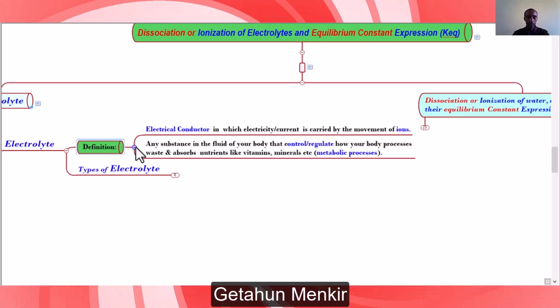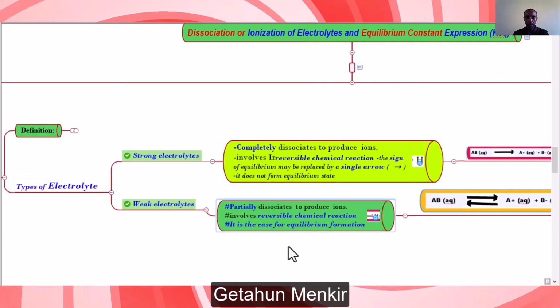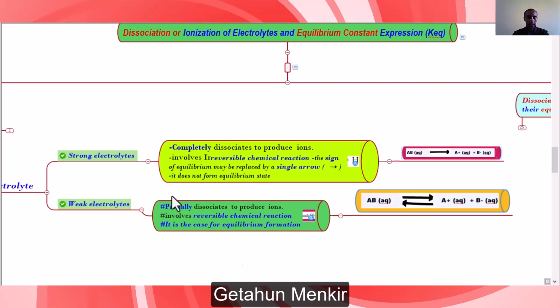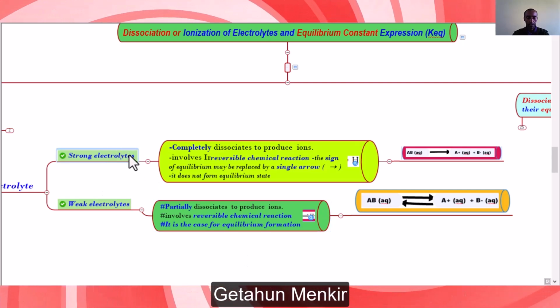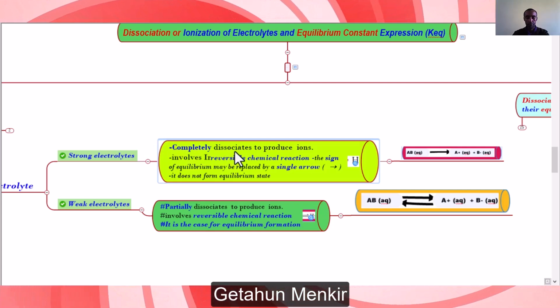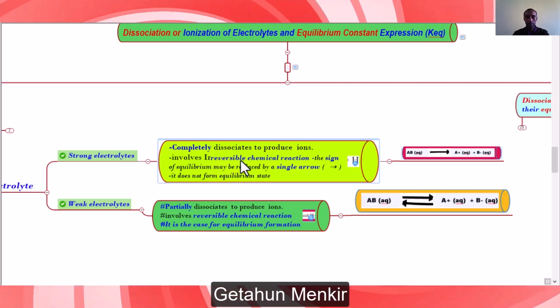Another thing is the classification of the electrolyte. We can classify electrolytes based on their dissociation completion as strong electrolyte and weak electrolyte. Strong electrolytes are those electrolytes that completely dissociate to produce ions, and these strong electrolytes involve irreversible chemical reactions.